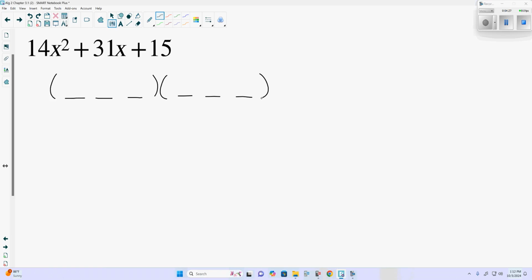If the third term is positive, the signs are the same and match the sign of the middle term. If the third term is negative, the signs are opposite. Third term's positive, so the signs are the same and match the sign of the middle term, which is also plus. So we have plus and plus.